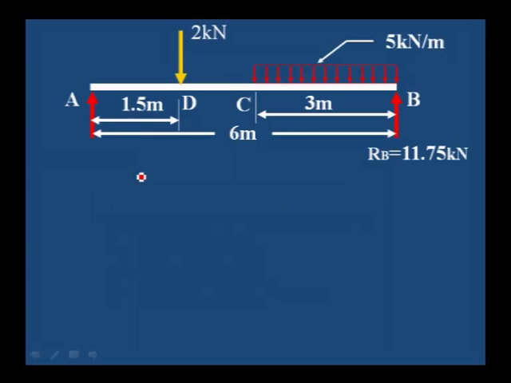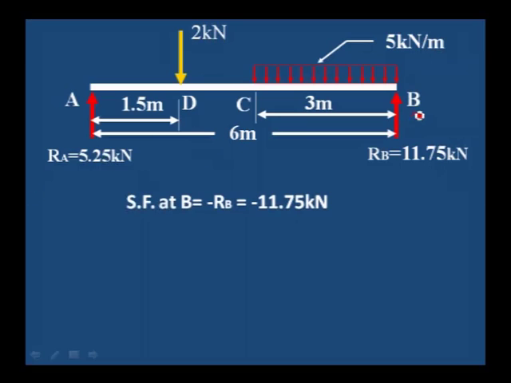By having the values of RA and RB, we can easily calculate the shear force values. Shear force at B. At B upward force is acting, that is 11.75, that is the RB value. Therefore, shear force at B is equal to minus 11.75. Shear force at C. At C there are two loads.